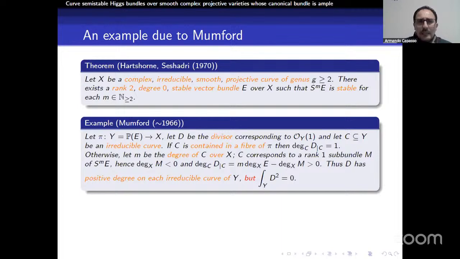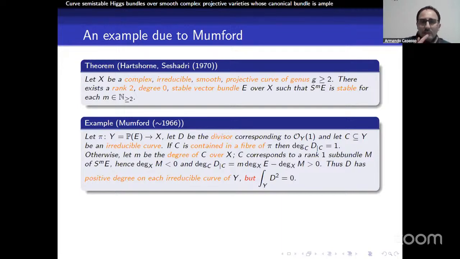Otherwise, let m be the degree of C over X. C corresponds to a rank 1 subbundle M of the m-th symmetric power of E. Since E satisfies this condition, the previous condition, the degree of M is negative. Hence, the degree of D restricted to C is equal to m times the degree of E minus the degree of M. But the degree of E is 0, the degree of M is negative, so this degree is positive.